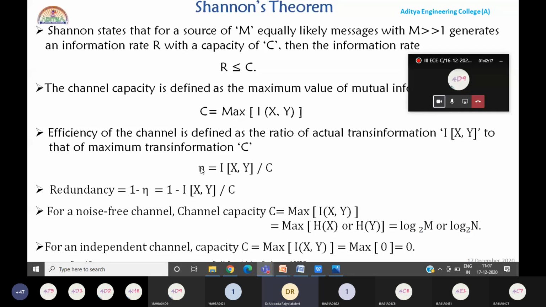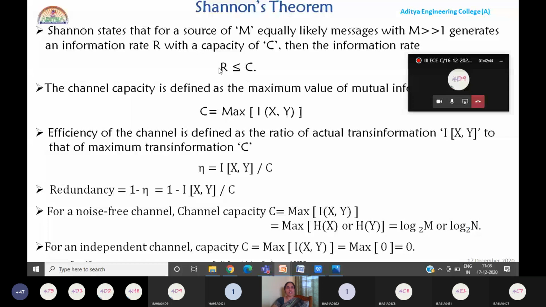In mathematical representation, eta is the efficiency: eta is equal to I of xy divided by C, where I of xy represents the average mutual information, and C represents the channel capacity.